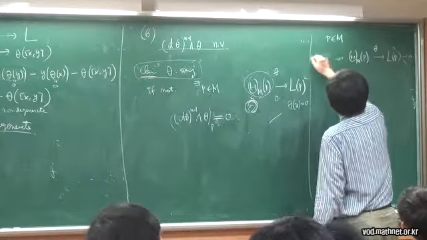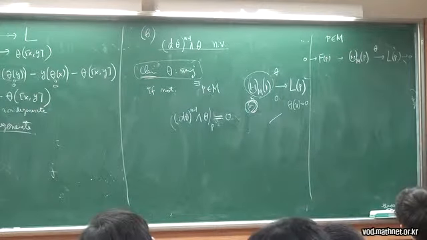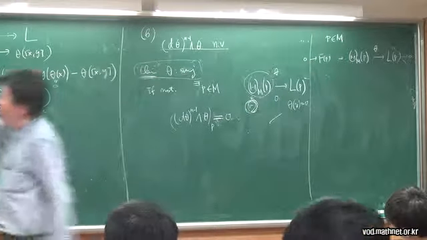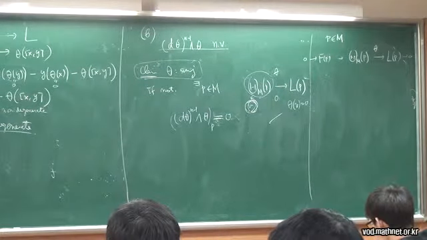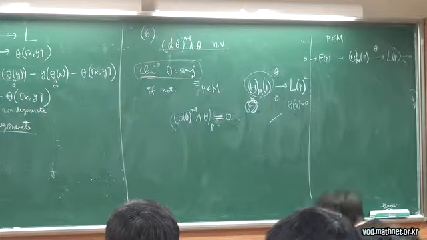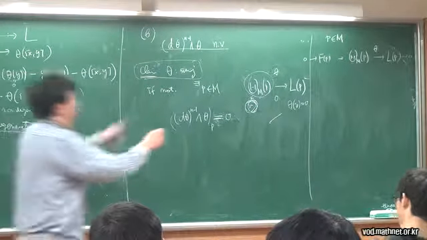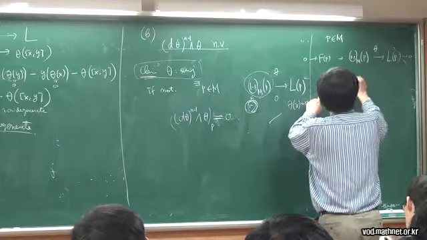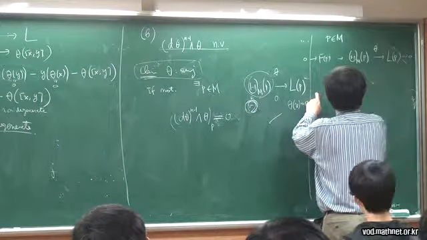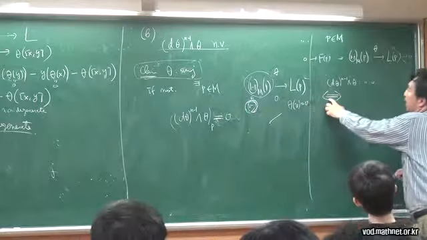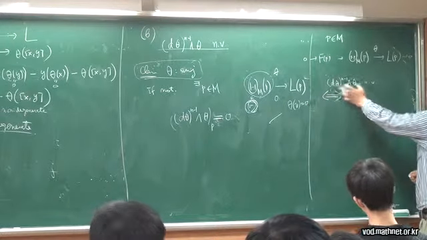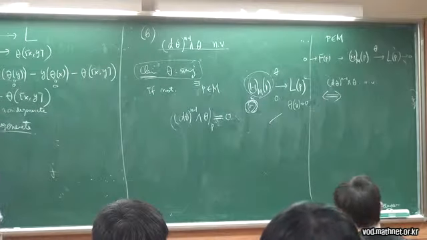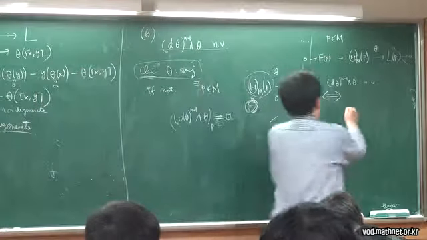And then the same argument shows that this is D: this is nowhere vanishing if and only if d theta f is non-degenerate.